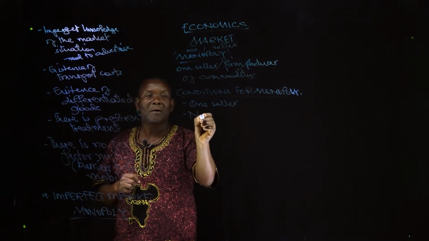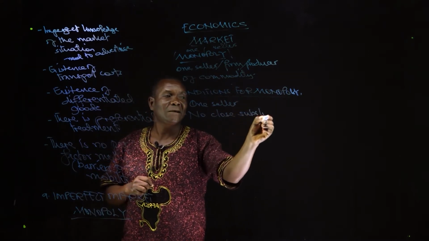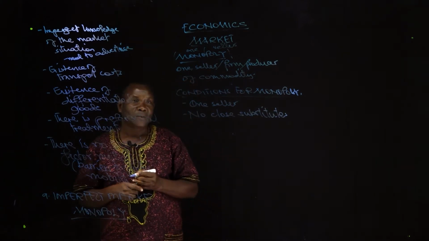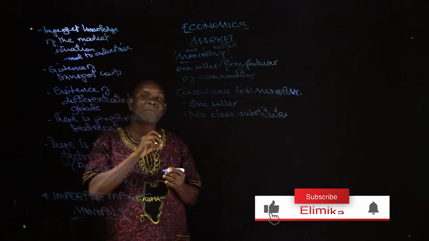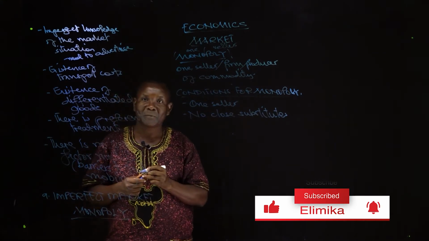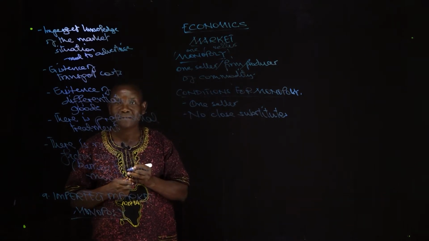So, no close substitutes. The commodity which is offered by the monopolist should have no other substitutes, no other commodities which can serve the same purpose.